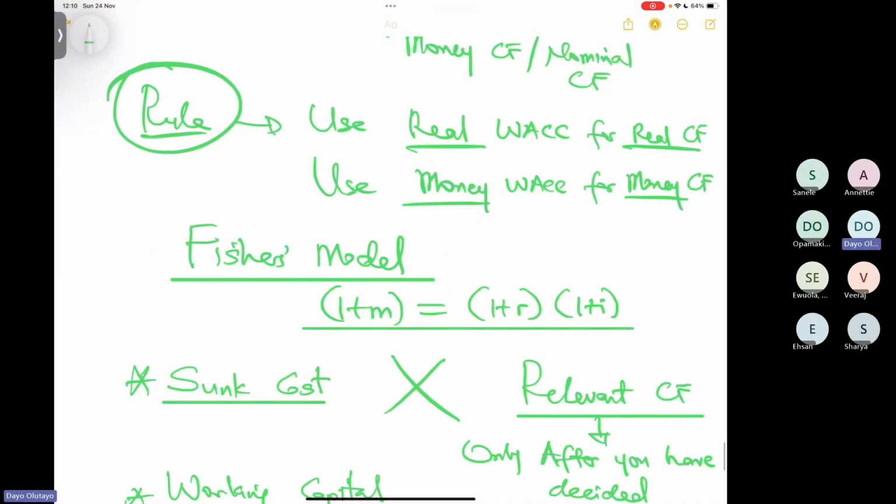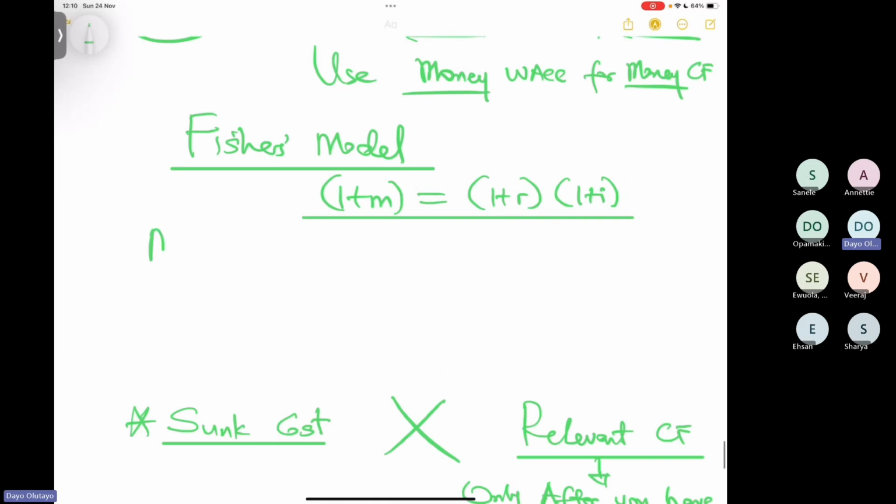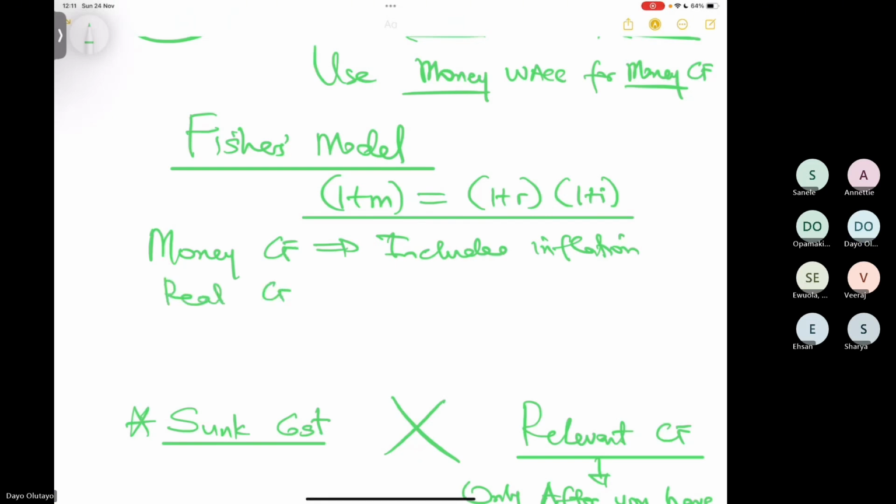Okay. Very good. Good that you asked. So money cash flow is that cash flow that has inflation. So this includes inflation. Whereas real cash flow is without inflation.